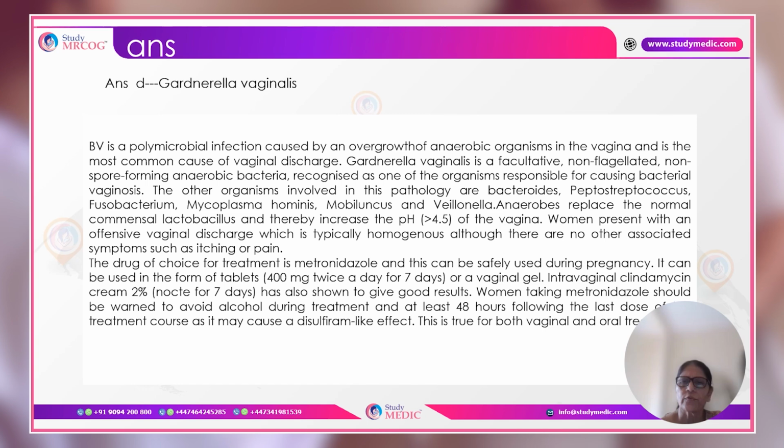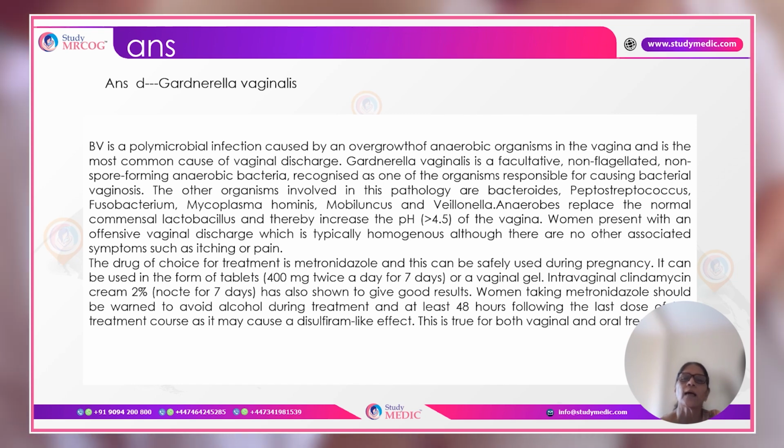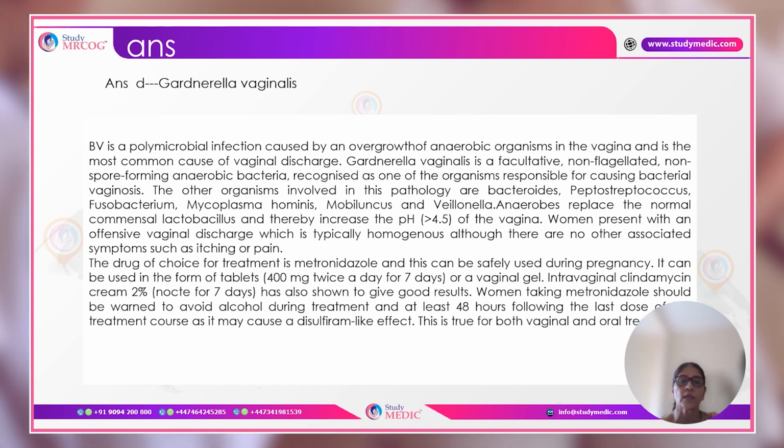Other things to remember about bacterial vaginosis is the type of discharge. It is usually a grayish or whitish discharge with a fishy smell. And it is not sexually transmitted. Remember, bacterial vaginosis is not sexually transmitted. The treatment of choice is metronidazole. You can either give it orally or locally in the form of a gel.